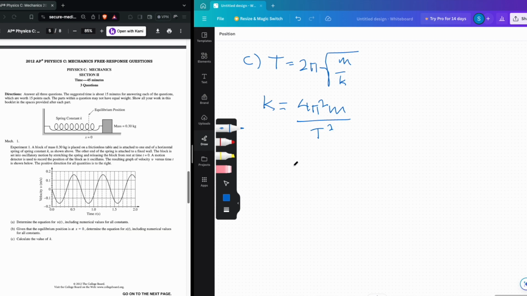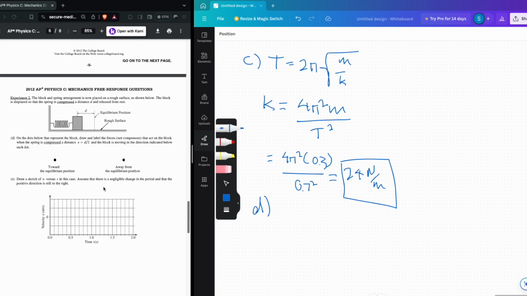We solved for T previously, and the mass is 0.3, so it would be 4 pi squared times 0.3 divided by 0.7 squared. That will give you a final answer of about 24 newtons per meter, and that'll be your answer for part C.